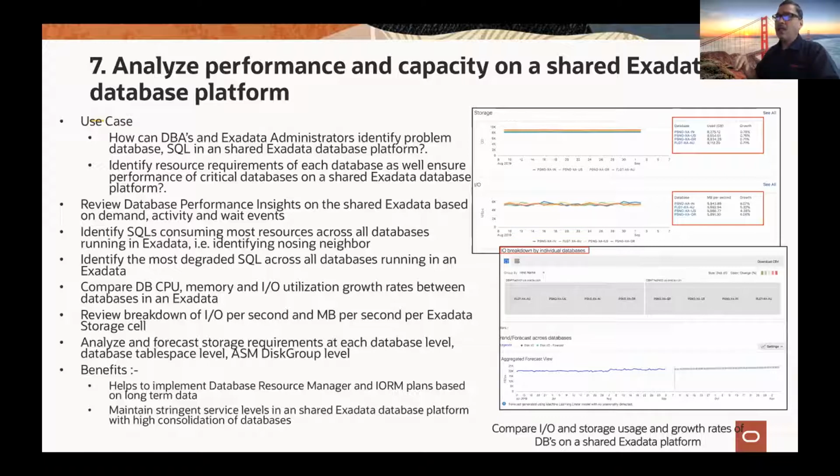And then this can help you to set your DBRM and IORM based on long-term data, and help you to consolidate databases as well. So if you look on the right hand side, we do identify growth rates of databases, as well as MB per second. And then there is an ability to compare IO as well as CPU in our DB resource analytics that's available out of the box.